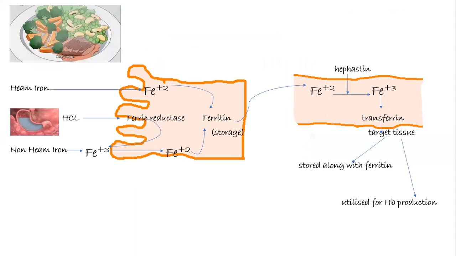Okay. Now, when food is the source of iron in the body, there occurs breakdown of that food in the stomach, and the iron is released. As you all know, inside the food, the iron is available in two forms. The first one is heme form and the second one is non-heme form. The heme iron contains Fe plus 2.